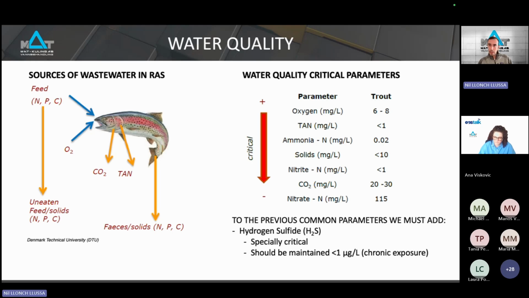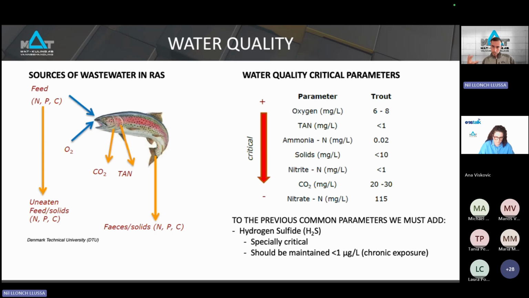Then on the right, we have a list of critical parameters, from more to less critical, that we need to monitor in our systems. We have oxygen, total ammonia nitrogen, ionized ammonia, which is very toxic at low concentrations so it is good to keep track of, solids, nitrite, CO2, and nitrate, which is the less toxic form of the dissolved nitrogen compounds.